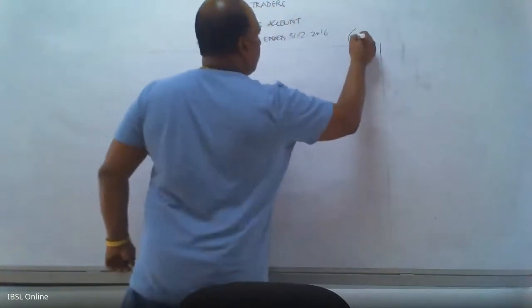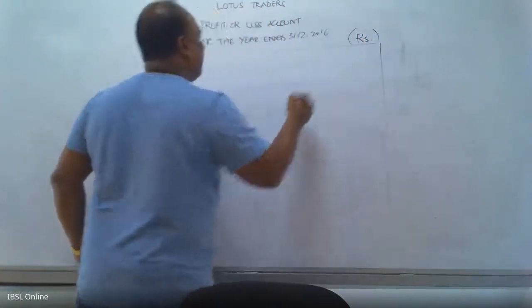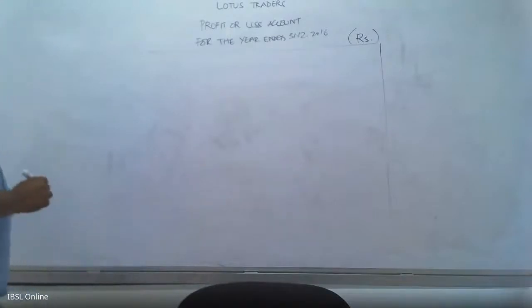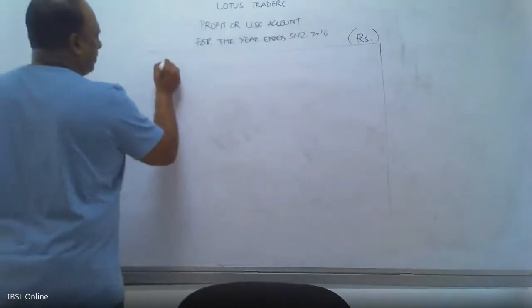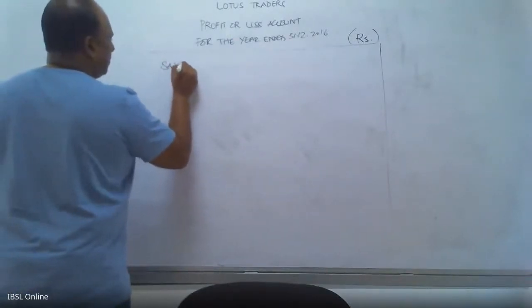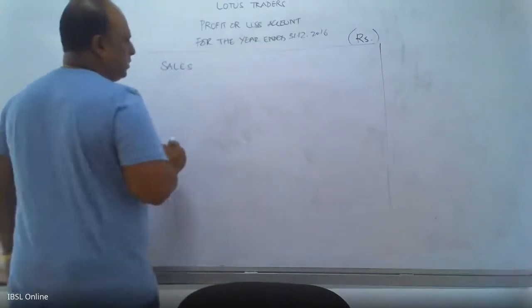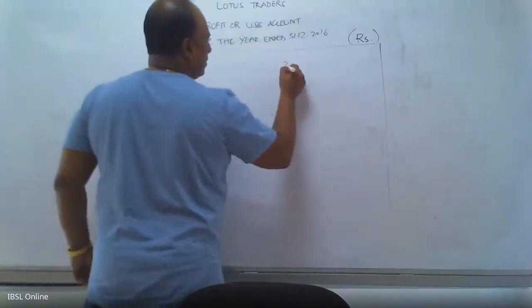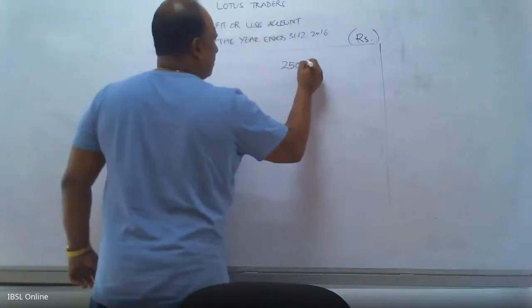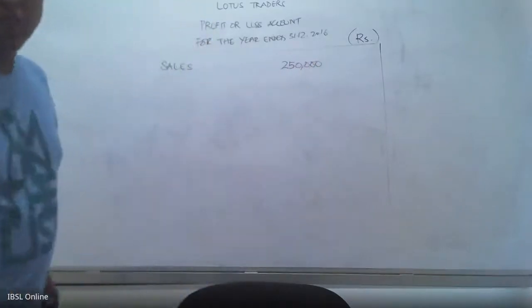You have to say what currency we are using, so it will be in rupees. And the first item, sales: 250,000.